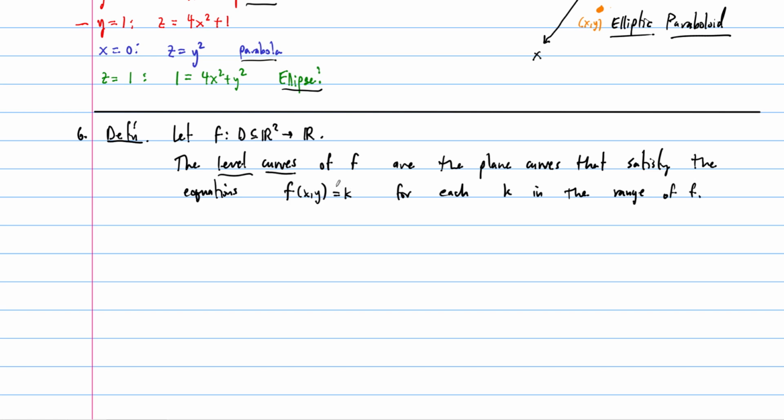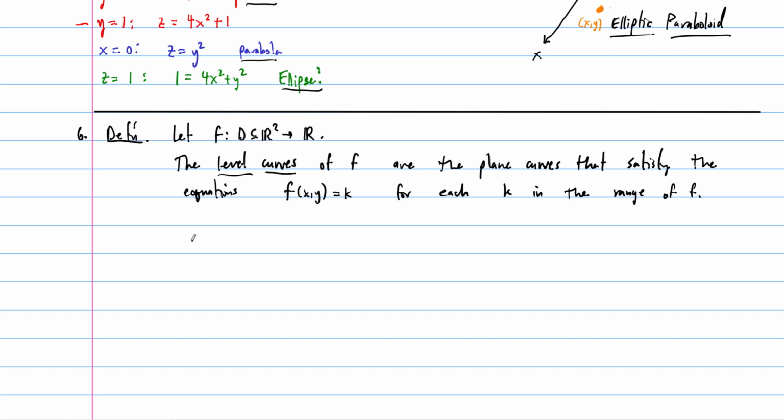So the idea is that for each fixed k in the range, there is one level curve with that height. We map all the level curves on the same xy plane, and of course they're going to be mapped inside of the domain somehow.